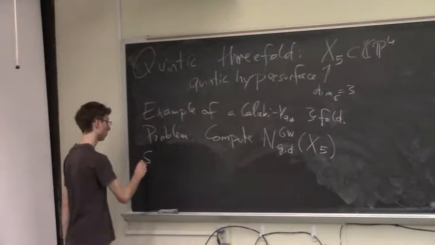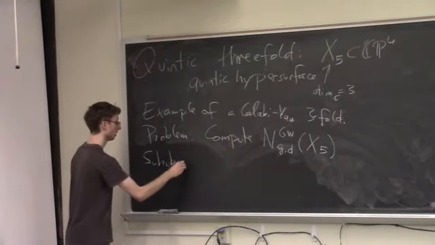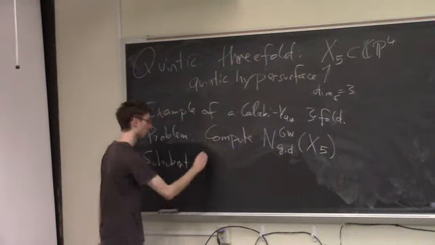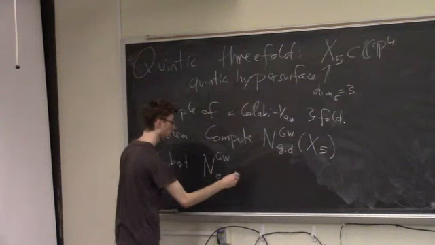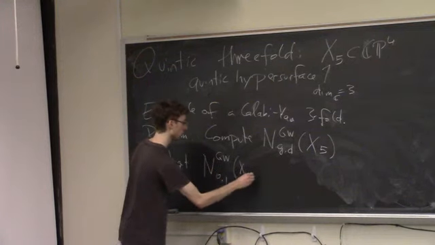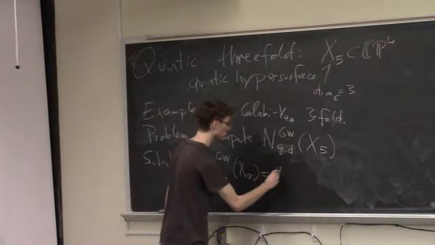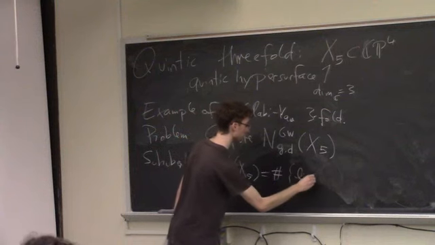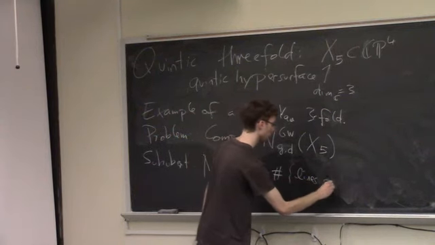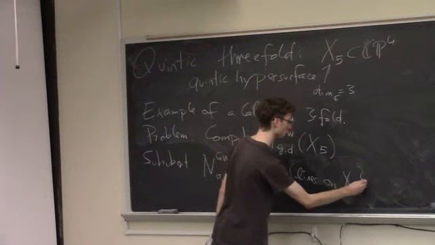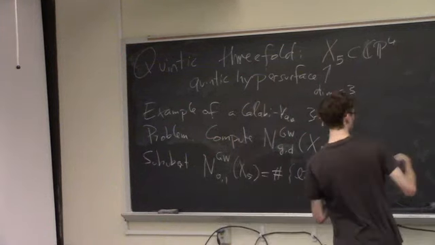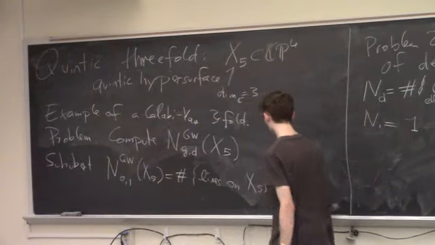Okay, and let me also say that sometimes these are very classical. For example, the number n_{0,1} of the quintic X5 turns out to agree with the number of complex lines on a quintic threefold. This virtual number is actually the actual count of lines.